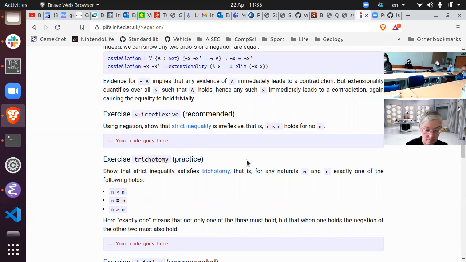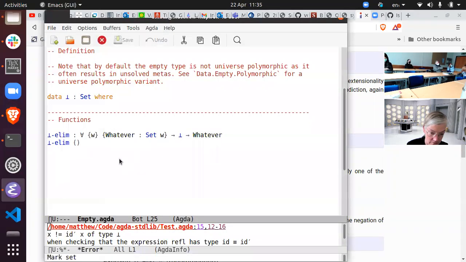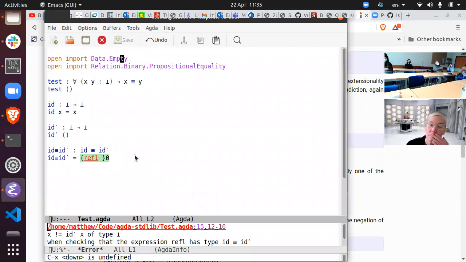Anyway, okay. So, show that it's irreflexive. The exercise. That involves proving, and the definition of irreflexivity is if x is less than y, then x is not equal to y. I guess we can try and do that. Let's get some imports.